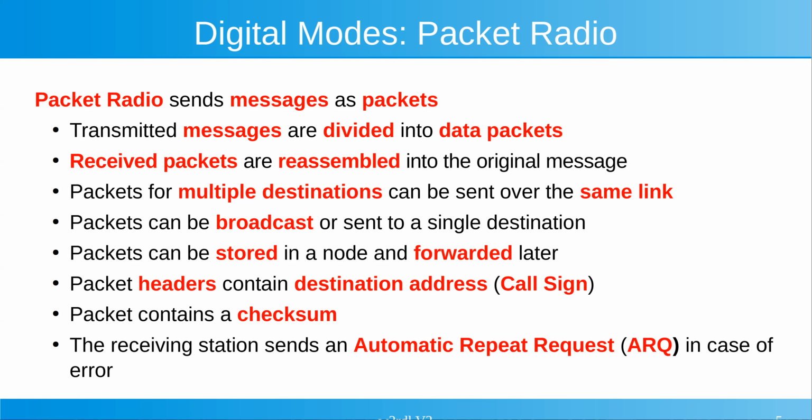You can put an address for multiple destinations and send it, or you can set it up as a broadcast mode instead of going to a single address or destination. It can operate in store and forward.